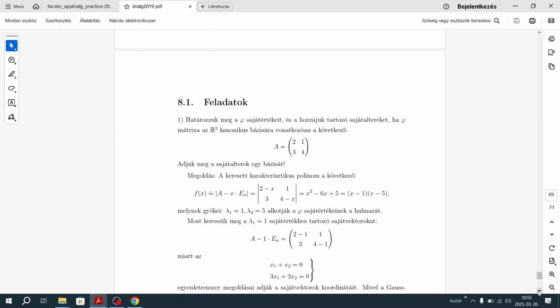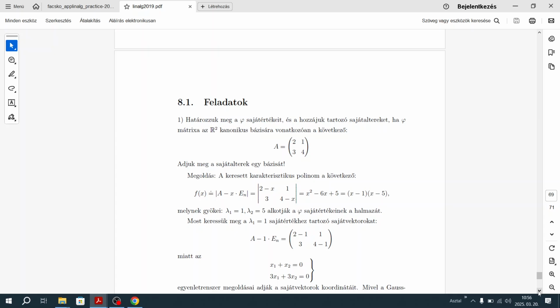The determinant of a matrix is the product of the eigenvalues. That was a statement. And that's true. This is why I calculated the determinant, because everyone can calculate the determinant.